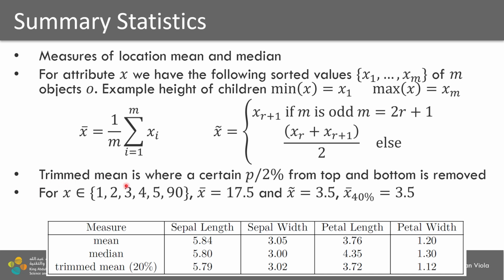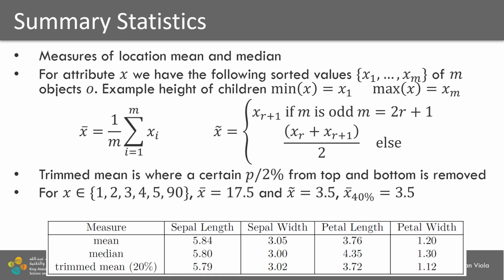And the trimmed mean can cope with those outliers, because a trimmed mean is where a certain p half percent from the top and bottom is removed. So let's say 5% is removed from the top and 5% is removed from the bottom.